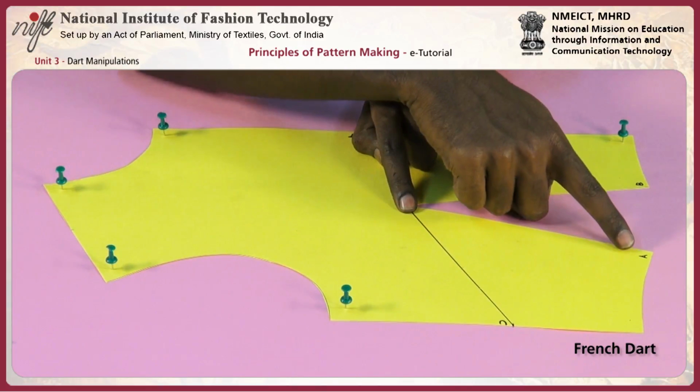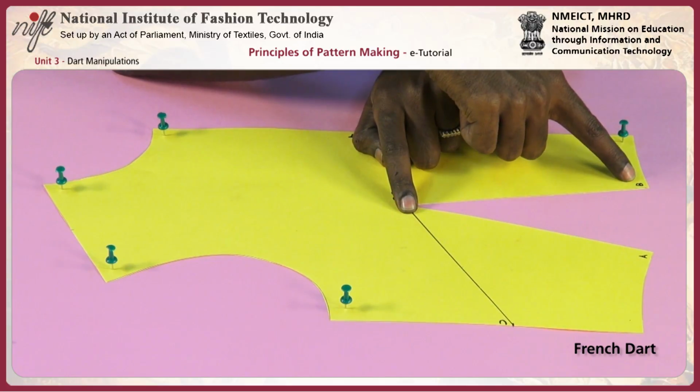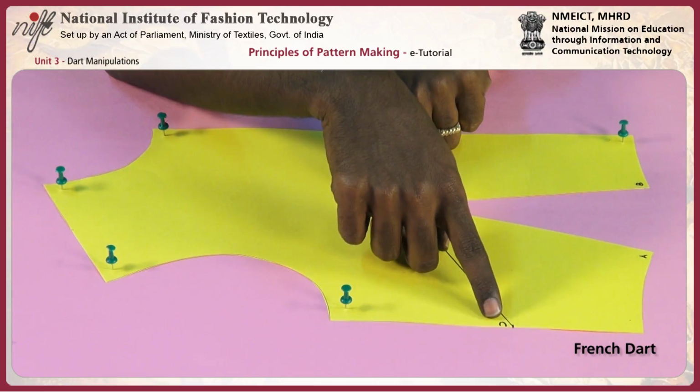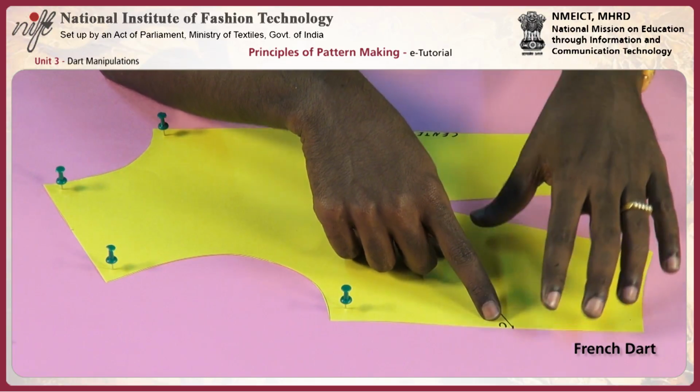Now move the point to B so that the waist dart will be closed, the dart will open at side seam.